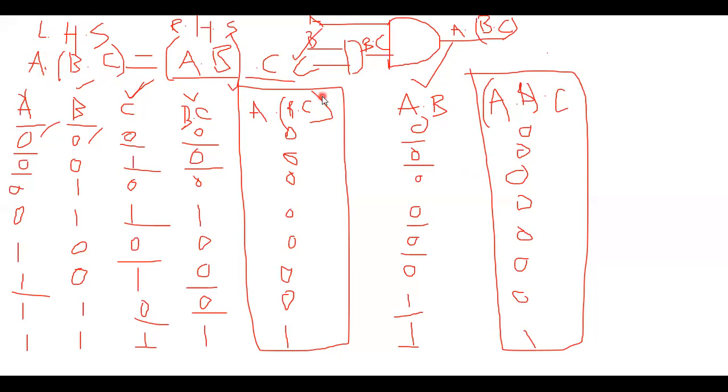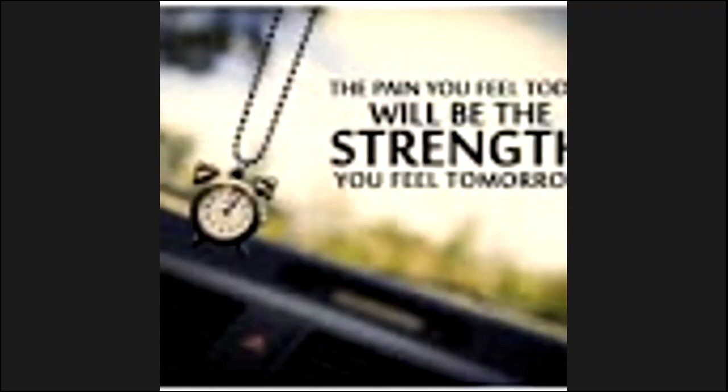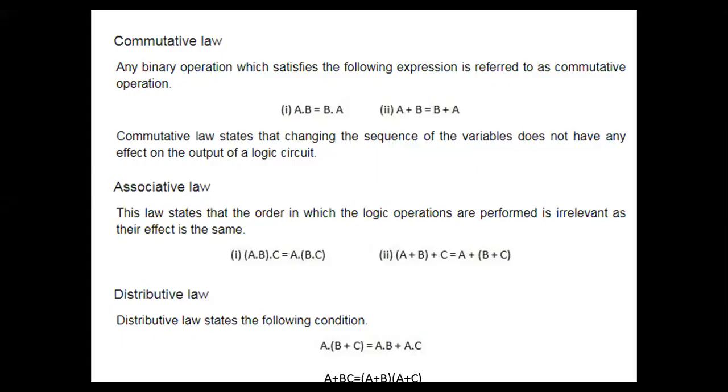Similarly, we are doing the same. First we do A plus B, then OR operation with C. Next in the RHS, first we do B plus C, OR operation between B and C, and for this combination, OR operation with A. So this is the associative law.